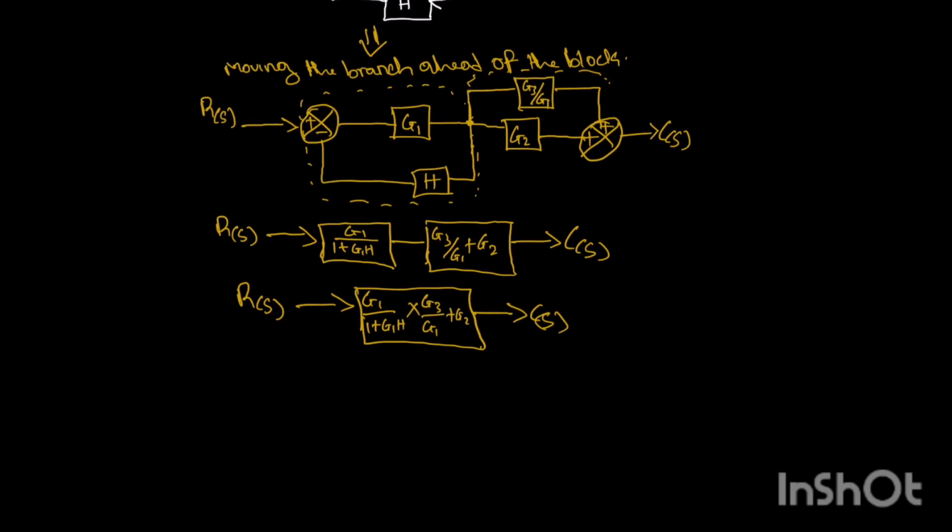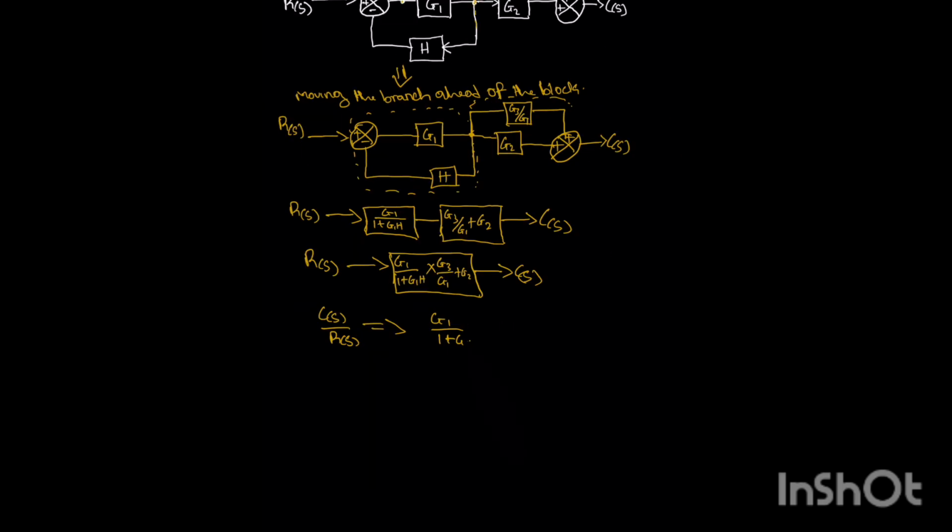So to resolve it, what we now have to do is C of x all over R of x will now be what? 1 plus G1 times G3 plus G2 all over what? G1.